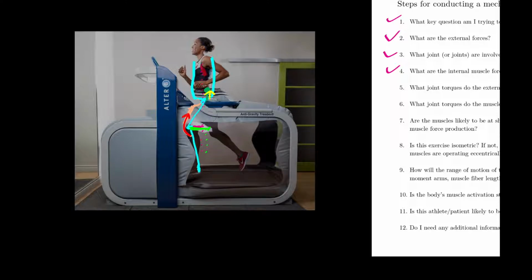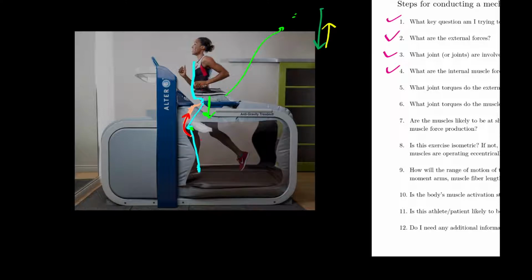So you would get some net force, like, maybe I'll draw it like this, with just the reminder that that equals gravity going down plus the treadmill lifting you up.